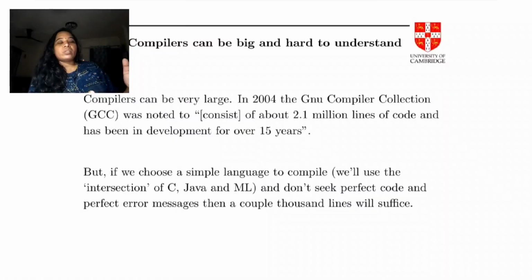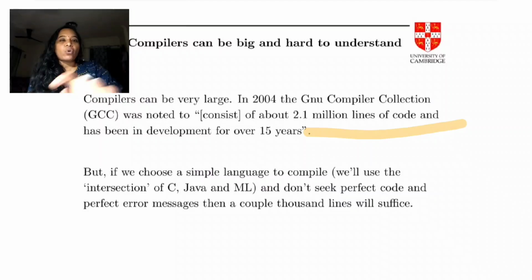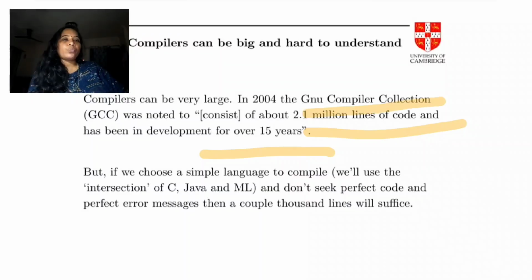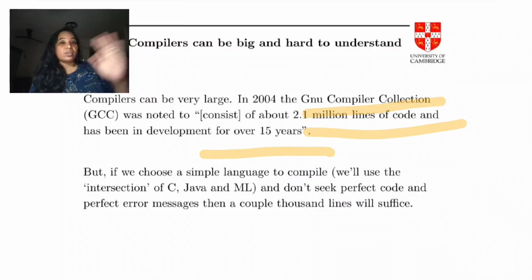When we have a large program, for example, here you can see 2.1 million lines of code, developed over 15 years. This is the GNU Compiler Collection, GCC. That type of compiler took over 15 years. Why? Because it has to check 2.1 million lines of code. Just imagine how big the software should be.